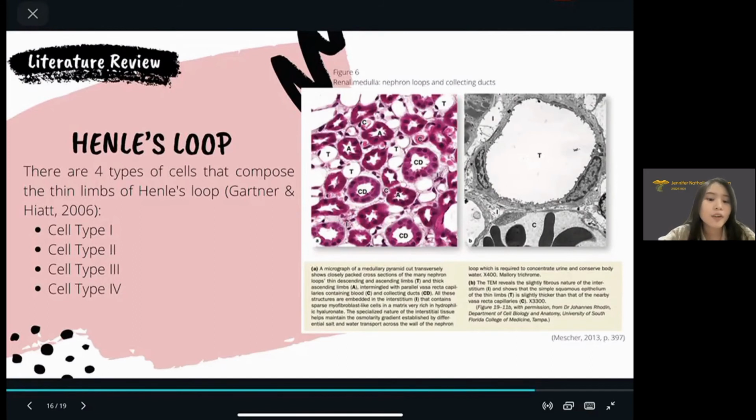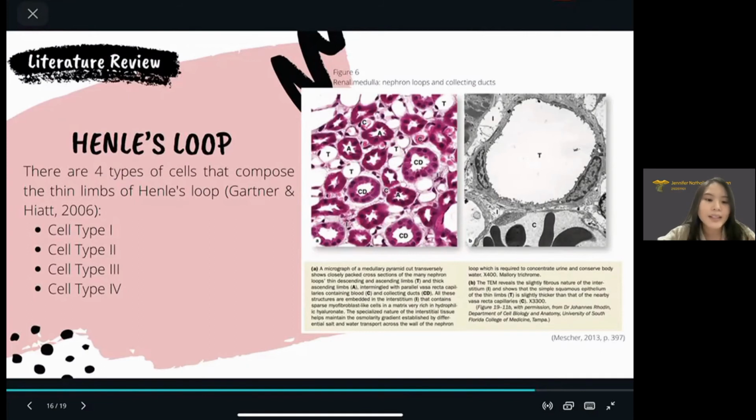There are also four types of cells that compose these thin limbs of Henle's loop. Cell type 1 is in the cortical nephron and has squamous cells with no lateral processes. Cell type 2 is located in juxtamedullary nephrons, in the descending thin limb of the outer zone of the medulla, composed of squamous cells with numerous long radiating processes.